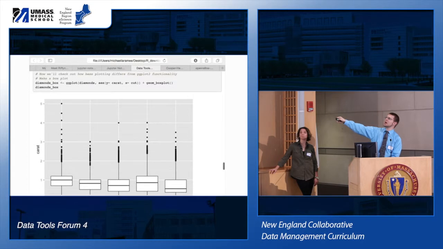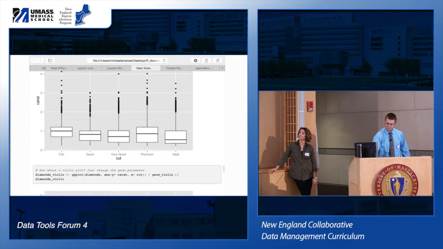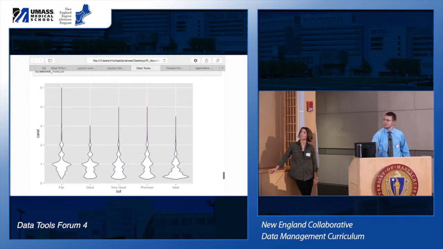So we got diamonds box, box plot, diamonds violin, same code right here, geom violin. So we've taken the same code, tweaked the words very slightly, and now we're going to get a completely different plot. This is sort of going from a base plot and building our way up. And now we get this.